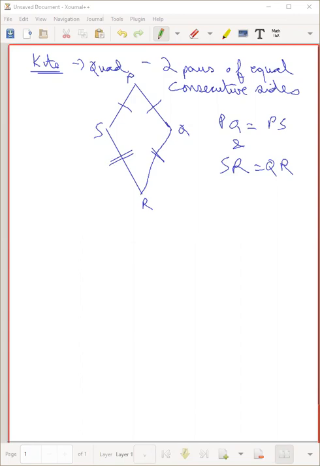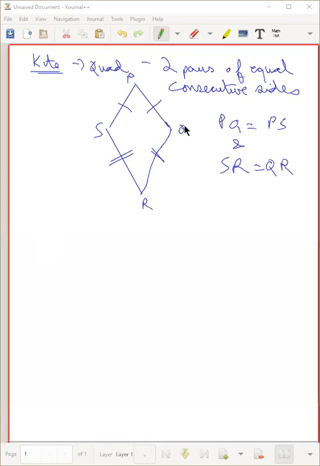Rishima, what is the correct answer? The opposite sides are not equal. In a rhombus, all four sides are equal. Remember there was a relationship between a square and a rhombus? Right? So remember, only in a square and a rhombus are all sides equal. Whereas in a kite, only the two pairs of consecutive sides are equal. So PS will be equal to PQ and SR will be equal to QR.